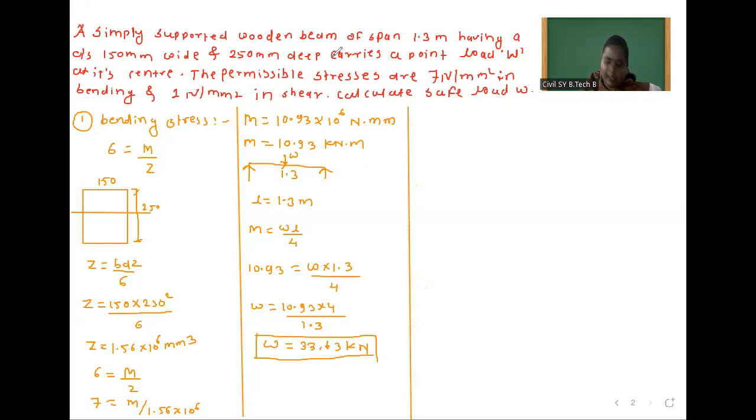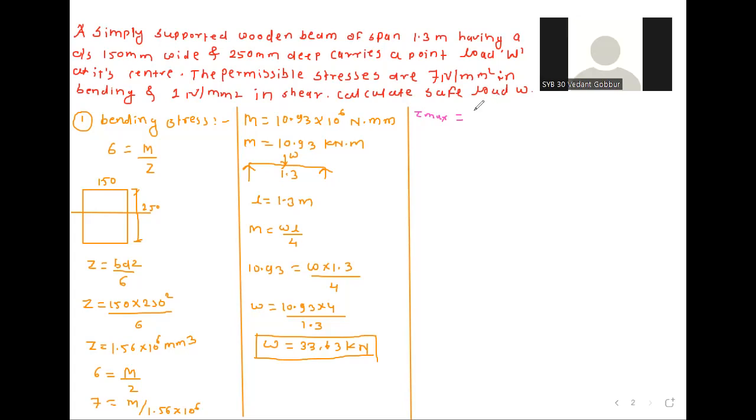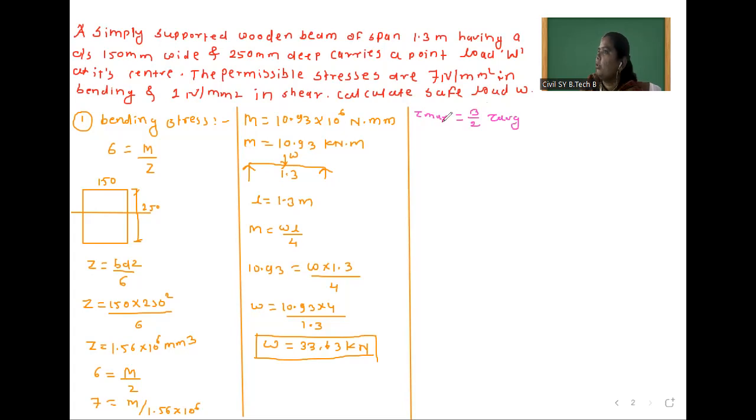Already you know that shear stress tau max is equal to 3 by 2 into tau average. Tau max is given, value is 1, which is equal to 3 by 2 into tau average, which is nothing but S divided by BD.